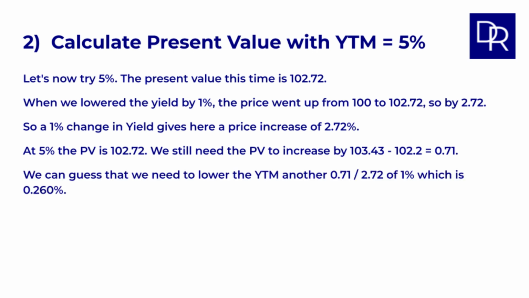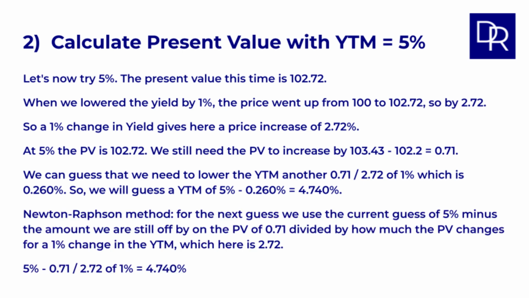We can therefore guess that we need to lower the yield another 0.71 divided by 2.72 of 1%, which is 0.260%. So we will guess a yield of 5 minus 0.26, so 4.740%.